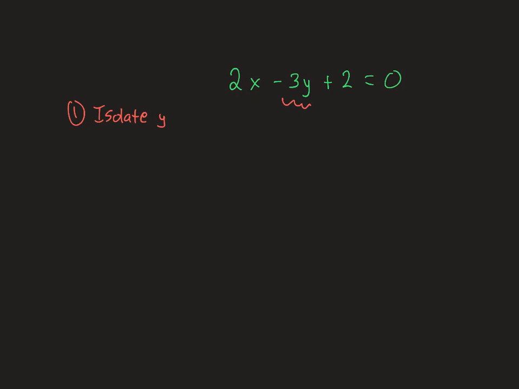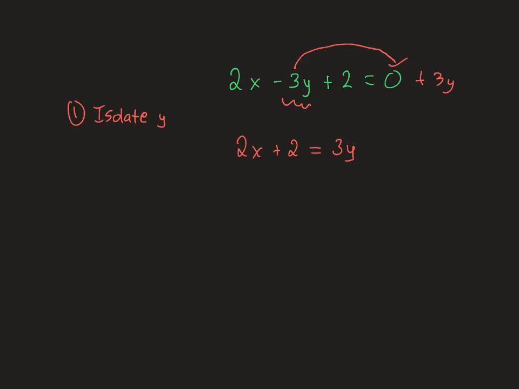Okay? So when you isolate y, you're going to want to move the other stuff away from it or move the y. In this case, I'm going to move my 3y to the other side, which is going to give me 2x plus 2 is equal to positive 3y. Now, you could have also done it the other way.